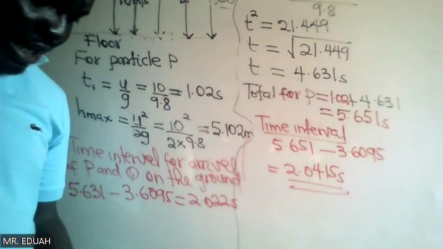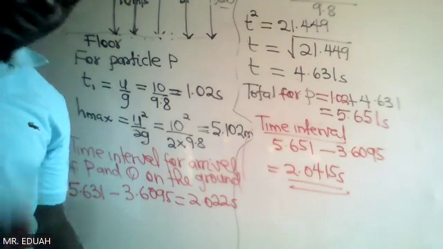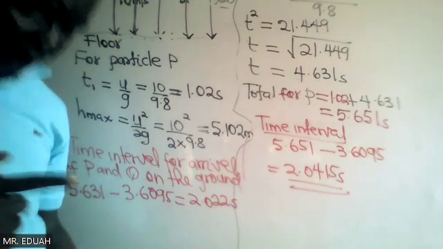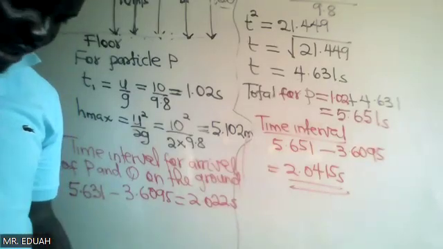So if the time taken for P is T, the time taken for Q will be T minus 4. Take note. P leads Q by 4 seconds.